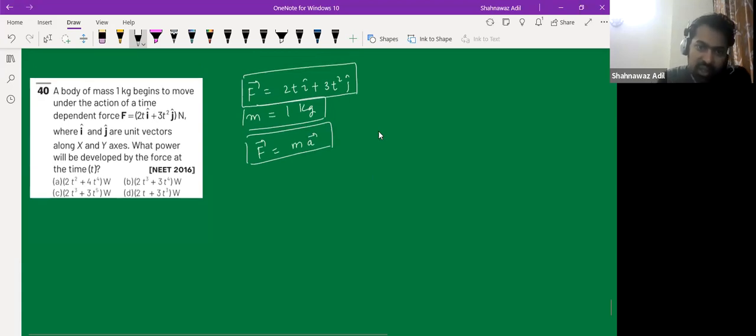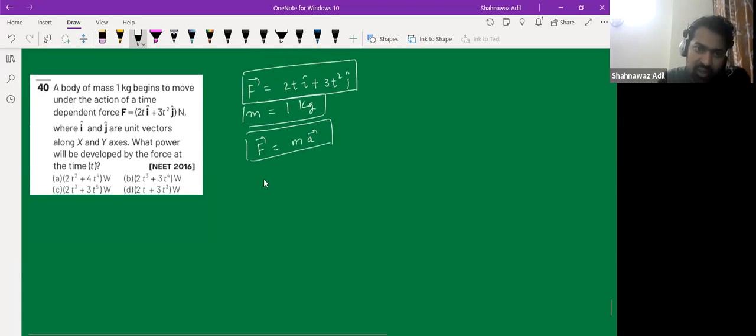So what is the acceleration, right? F is 2t i plus 3t square j, and that is ma. So m is 1 kg, so a would be simply 2t i plus 3t square j.